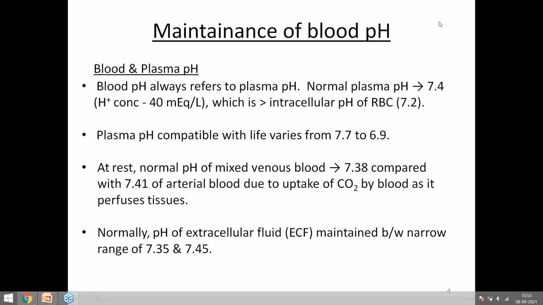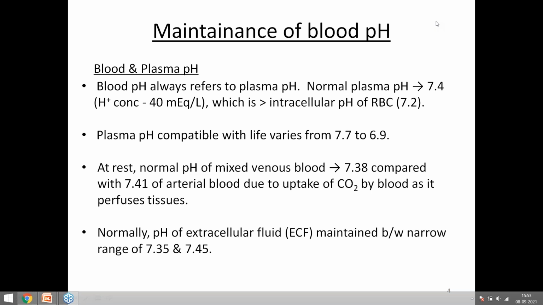All right, and that means that at a normal plasma pH of 7.4, the hydrogen ion concentration is around 40 milliequivalent per liter, which is higher than the intracellular pH of a RBC. That would be 7.2. Now, the plasma pH is compatible with life and it varies from 7.7 to 6.9.